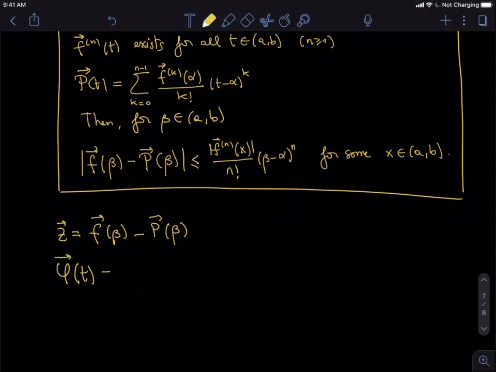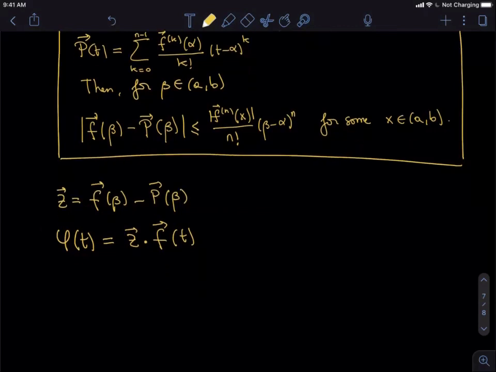Sorry, not a vector function, precisely, that's the point of the proof. It's the product of z times f of t. So here the point is that phi of t needs to be a real function, otherwise I will not be able to rely on what I know for real functions. That's the whole reason why we are doing this scalar product, this dot product.